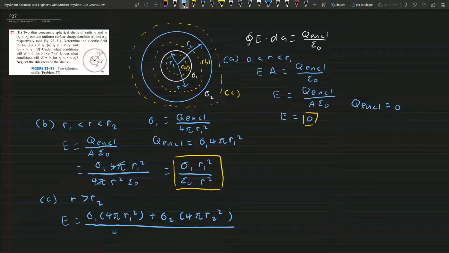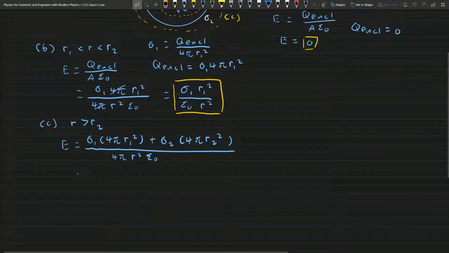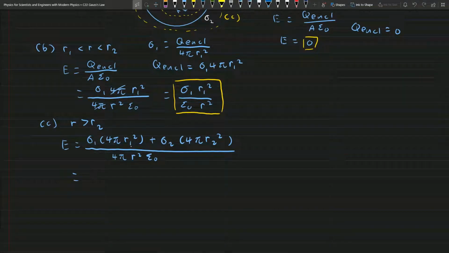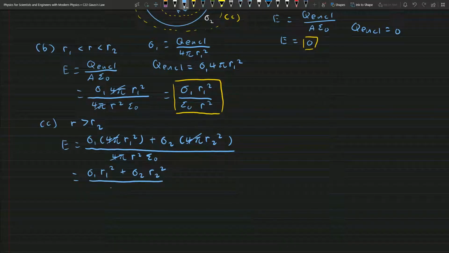The area we choose is 4 pi r square, and of course epsilon naught is still here. You can see this 4 pi still gets cancelled out. So finally we get sigma 1 r1 square plus sigma 2 r2 square over epsilon naught r square. This is the answer for C.